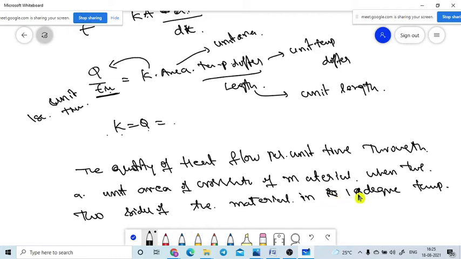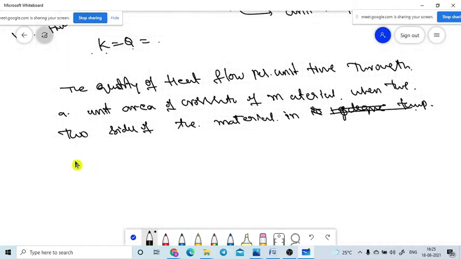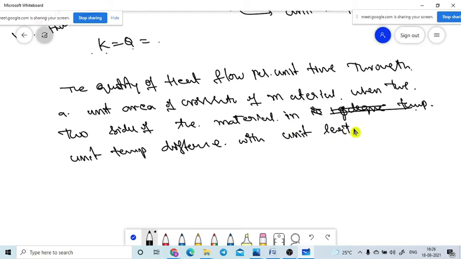Let me write it as unit temperature difference. And one more quantity we need to know: unit temperature difference with unit length. That is our goal.